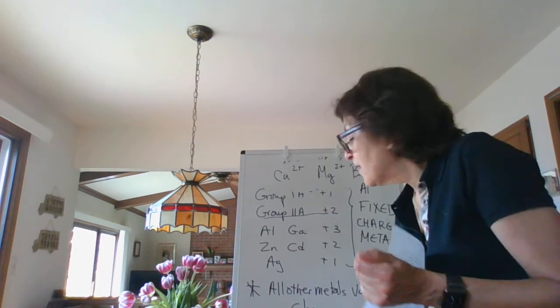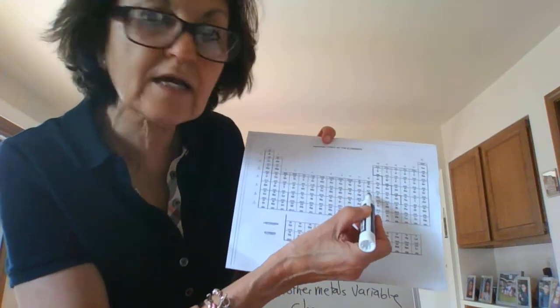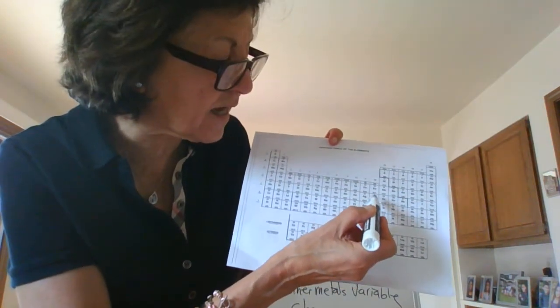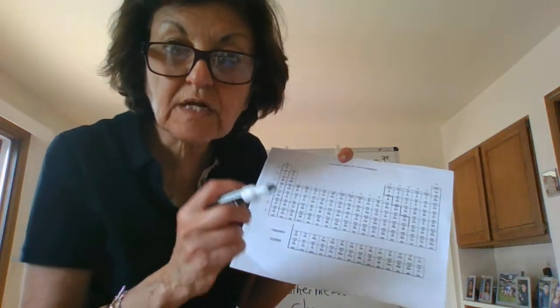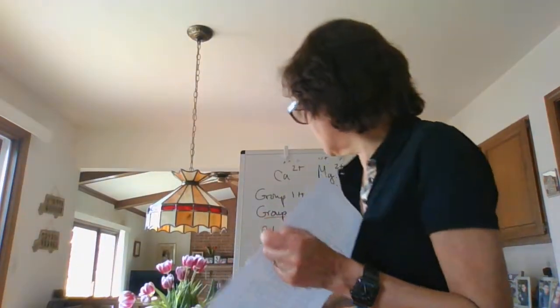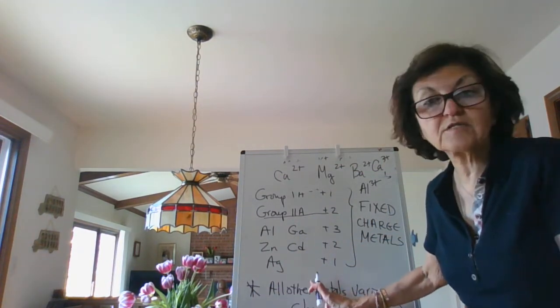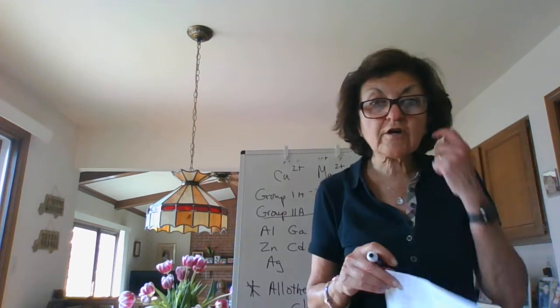Okay? Then the other ones that are also fixed charge on your periodic table, zinc and cadmium are always +2, and silver is +1. So over here, zinc, cadmium +2, silver +1. Those are the fixed charge metals.